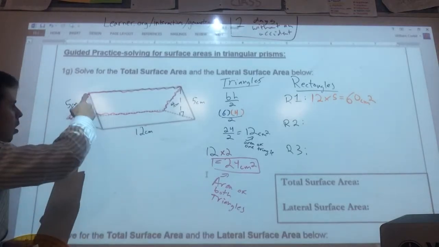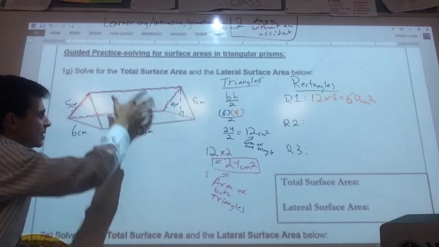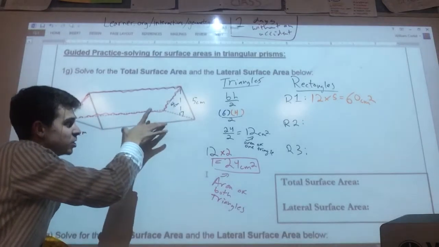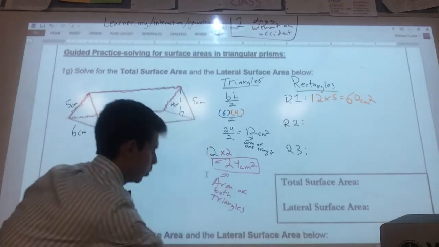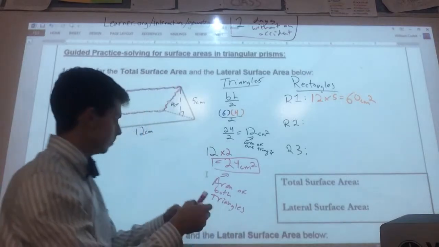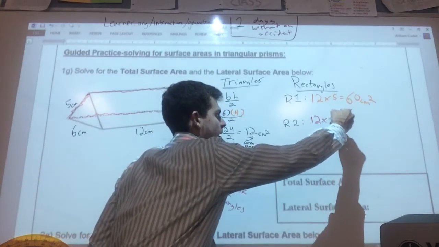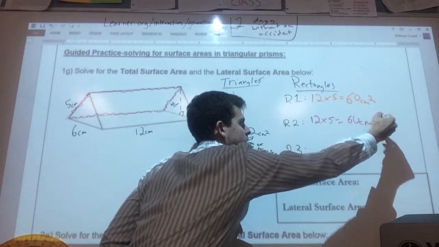Okay, well this is also 5 by, well, it doesn't give me either of these lengths, but I know that this right here, I can just take and move straight across. So this is also by 12. So this was also 12 times 5, 60 centimeters squared.